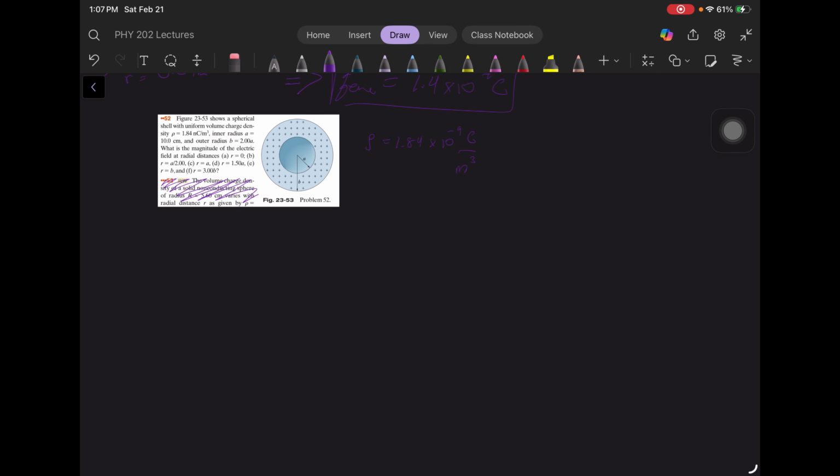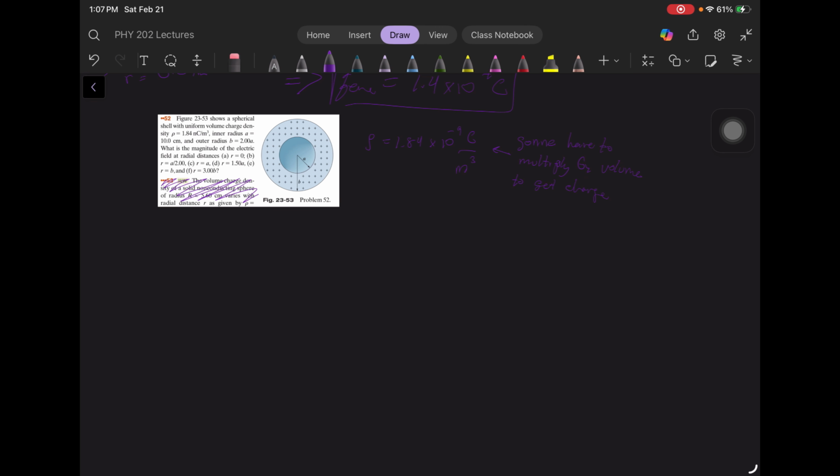So already we're going to have to multiply by volume to get charge. As you're doing these problems, it's always good, when you see things, to ask: what am I going to need? How am I going to use this to get there?